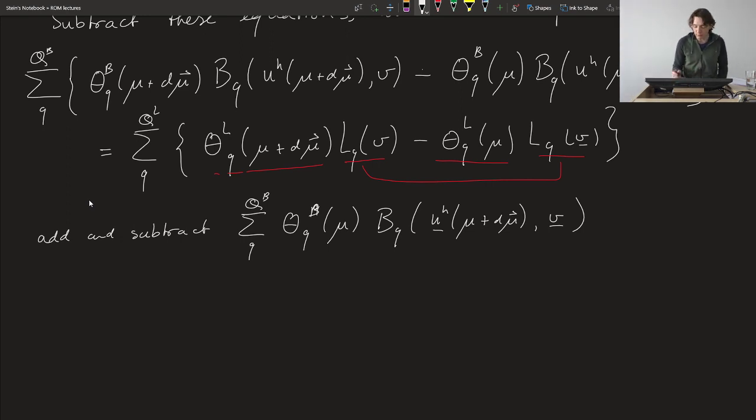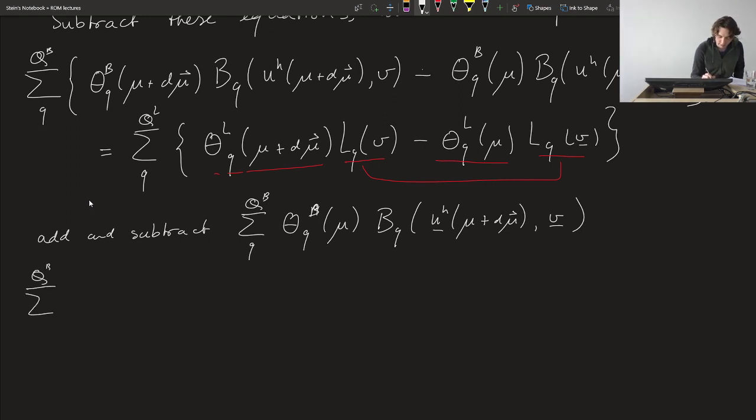But this will help me rewrite this first term a little bit, because if I subtract this term, then I can collect it with this guy. So I collect the b with the b, and I have this one minus this one. Whereas if I add it, I can collect the theta with the theta, and I add this minus that one. And because of the bilinearity, this actually shifts inwards. So what do I end up with after I do that?